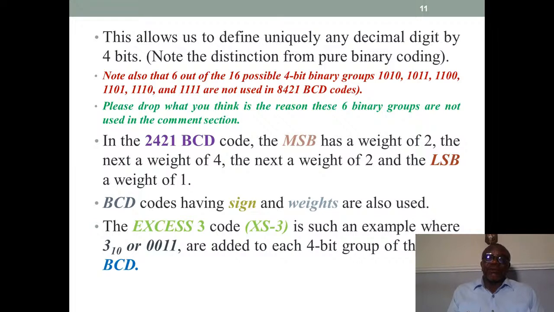This allows us to define uniquely any decimal digit by 4 bits. Note the distinction from pure binary coding. In this BCD code, 6 out of the 16 possible 4-bit binary groups, 1010, 1011, 1100, 1101, 1110, and 1111, are not used.